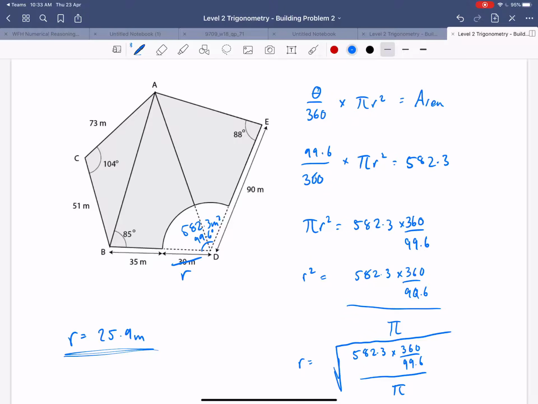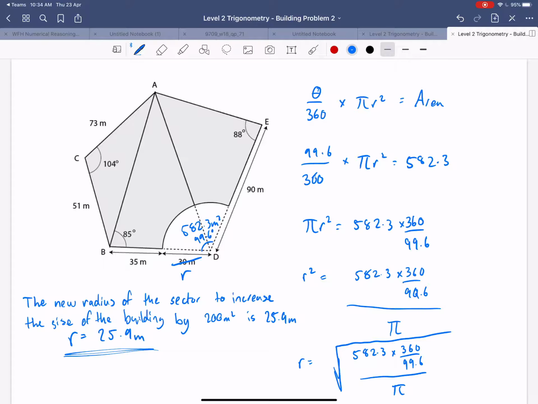So that's the new radius. And I should communicate that with writing. So the new radius of the sector to increase the size of the building by 200 meters squared is 25.9 meters.